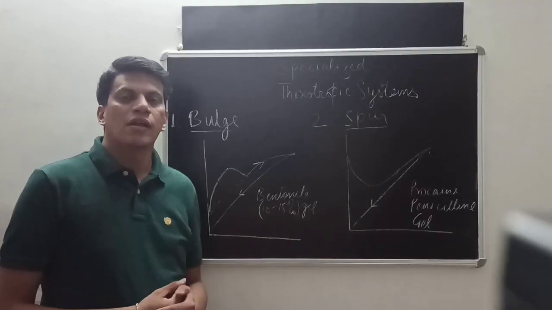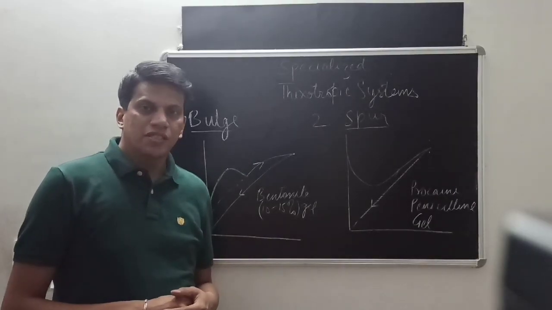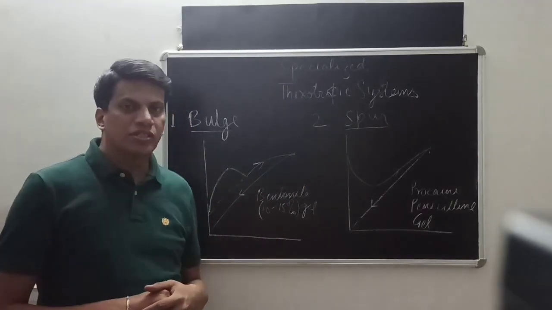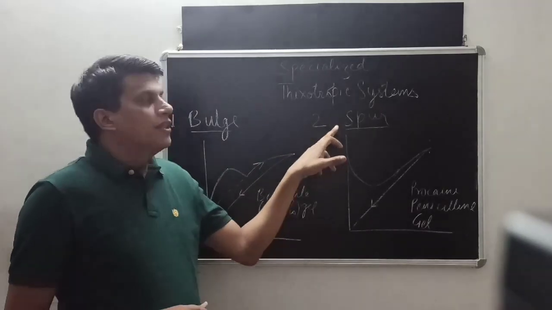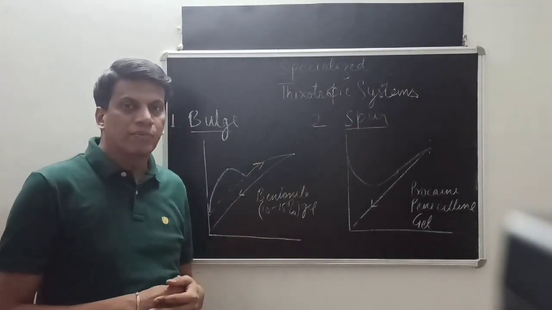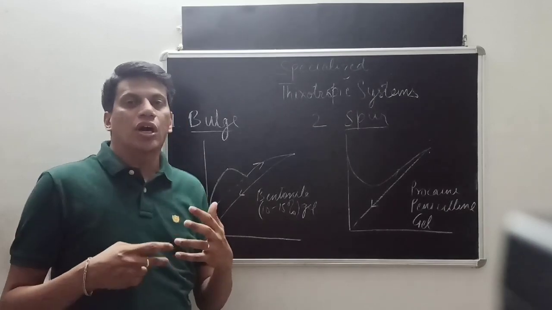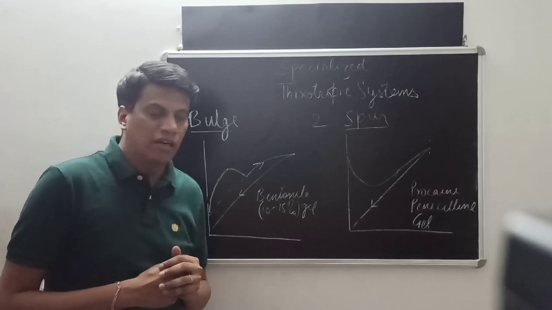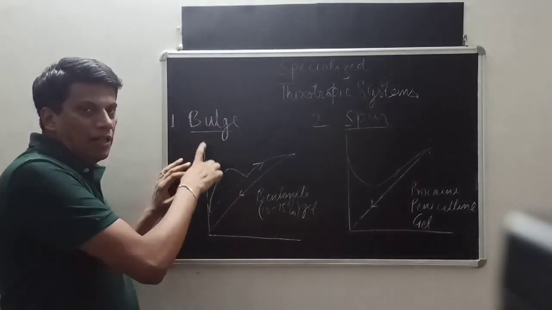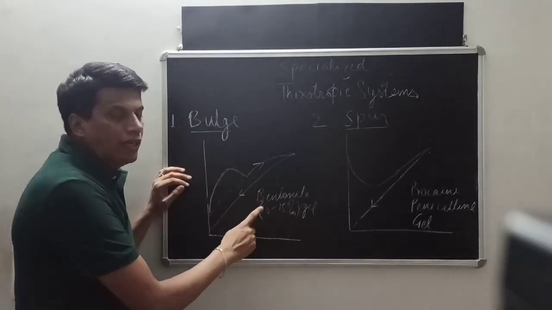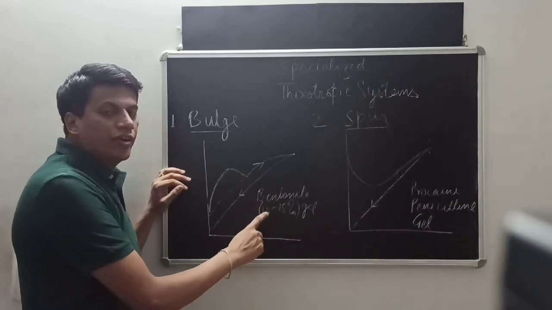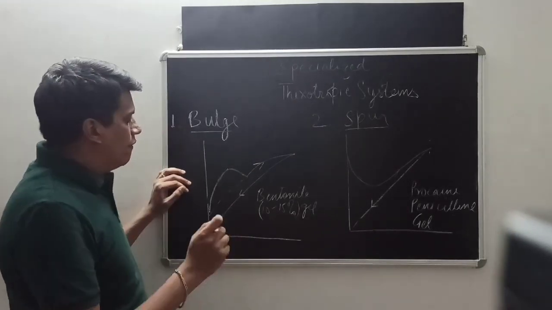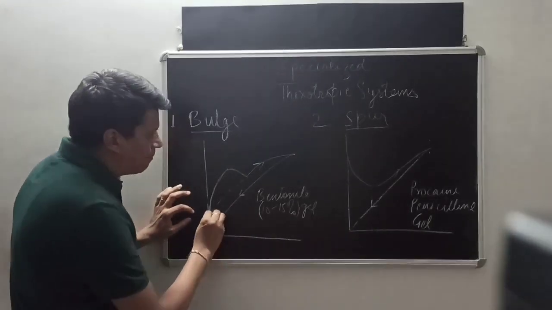Now we will discuss specialized thixotropic systems. The two specialized thixotropic systems are bulge and spur. Now these specialized thixotropic systems are changes which occur sometimes when a plastic thixotropic material is there. Now what happens in the bulge? In materials such as bentonite gel having a concentration of 10 to 15%, particularly called bentonite magma, what happens when stress is applied?